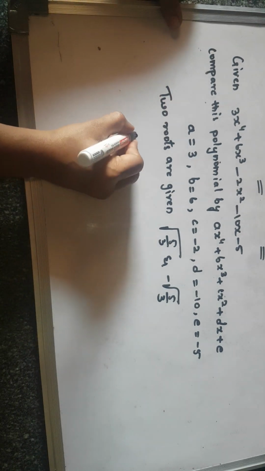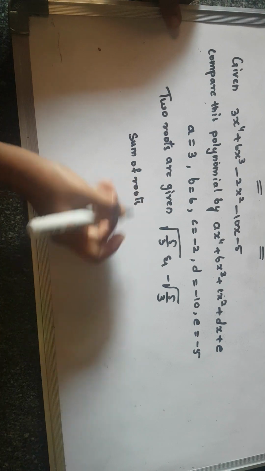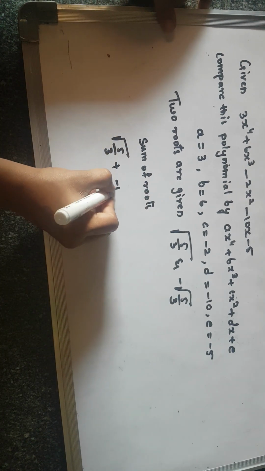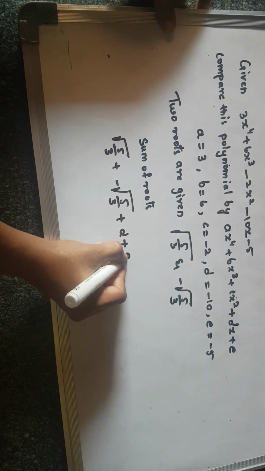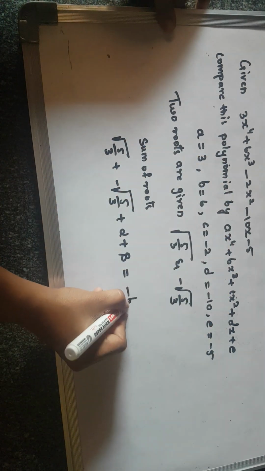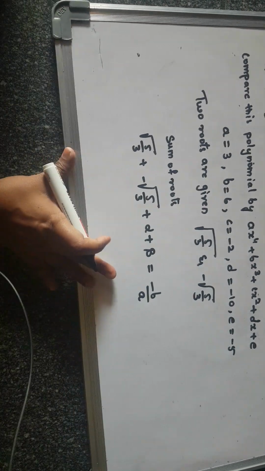What we know is sum of the roots. Sum of roots. Okay, root 5 by 3 plus minus root 5 by 3 plus alpha plus beta equals to, what is in the coefficient form? Minus b by a. We know this, so add.